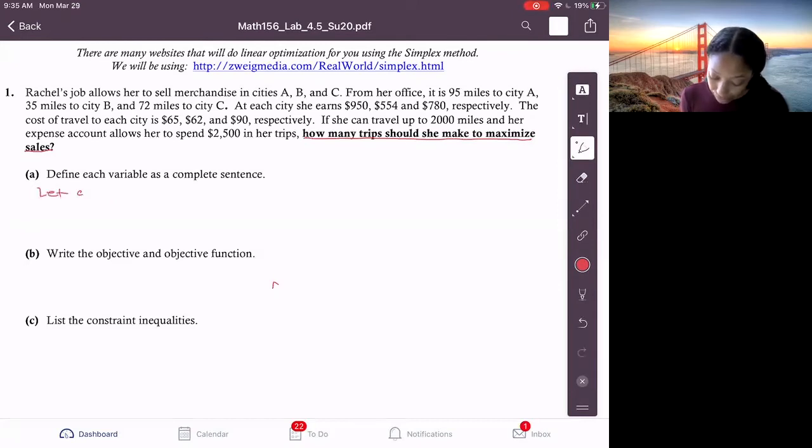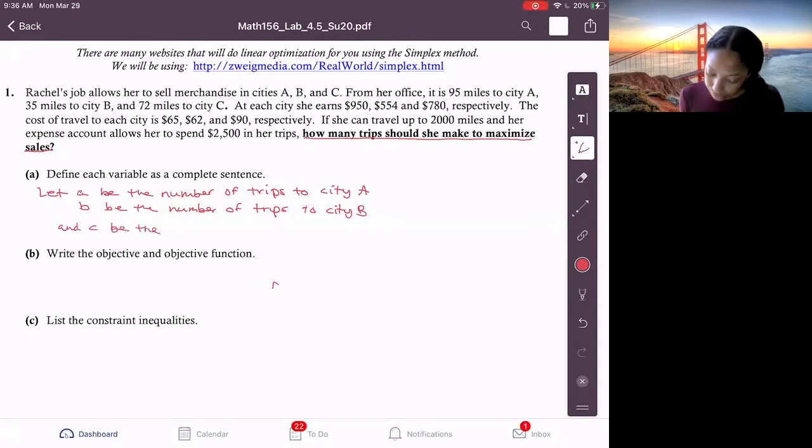So let A be the number of trips to city A, B the number of trips to city B, and C, let that be the number of trips to city C.